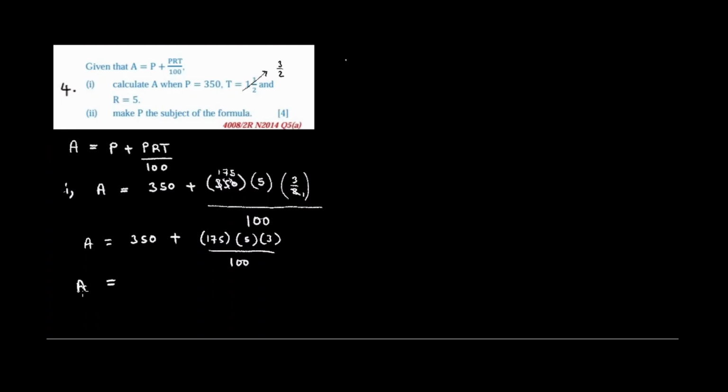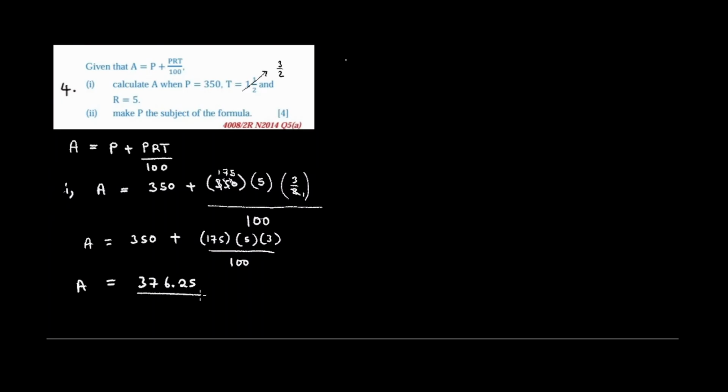It allows us to type 350 plus 175 times 5 times 3, in brackets, over 100. So the answer I retain, which is an exact answer, is 376.25.